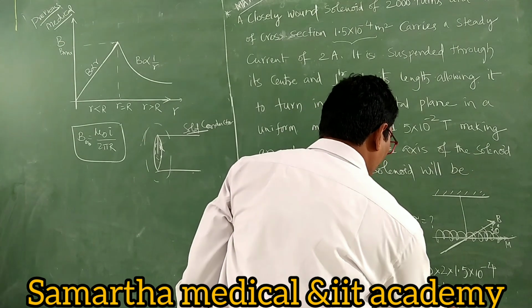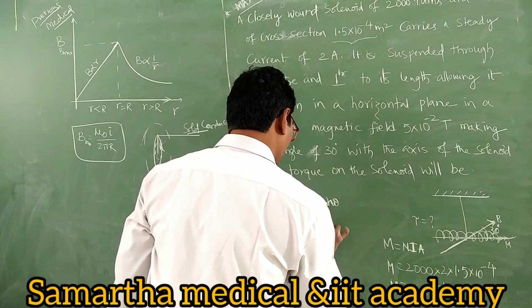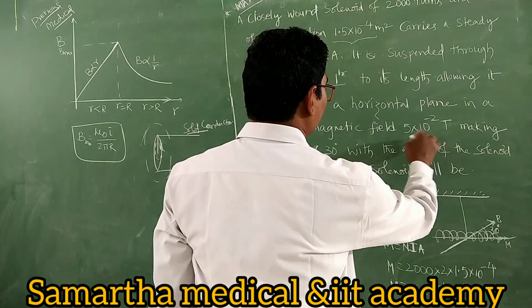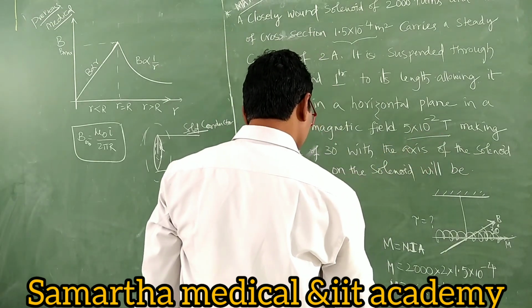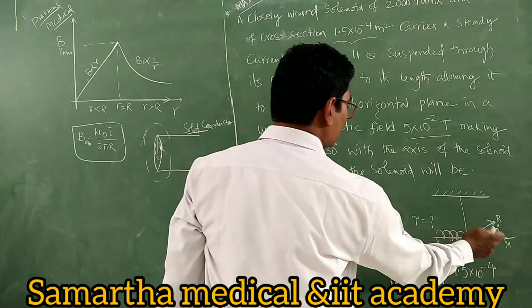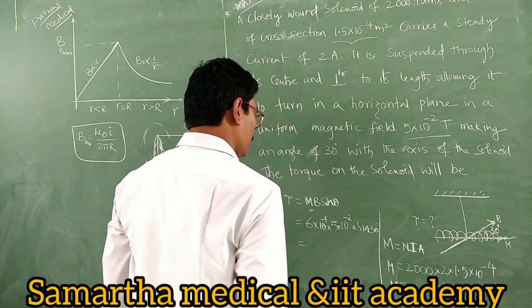SI unit. Now I am going to substitute the value here. So 6 into 10 power minus 1 into the value of magnetic field, 5 into 10 power minus 2, into sine of the angle between these two, which is 30 degree. What is the value of sine 30? 1 by 2.